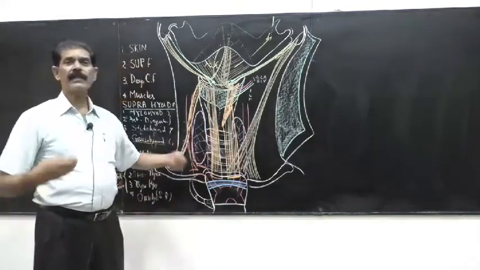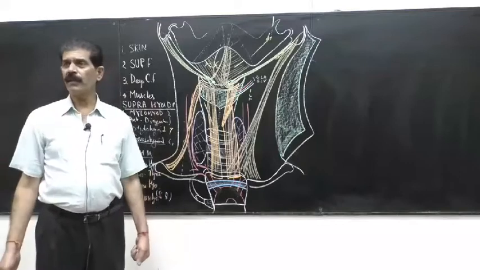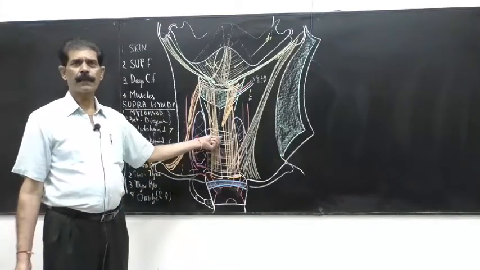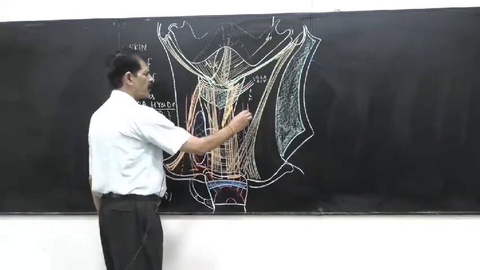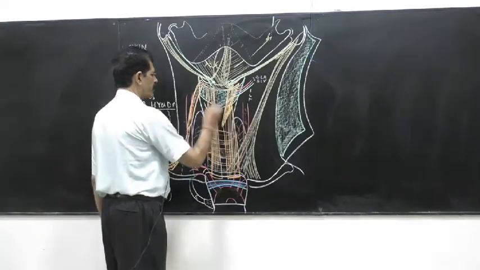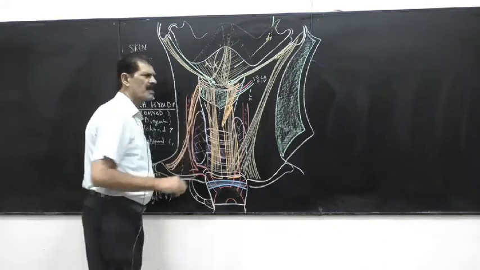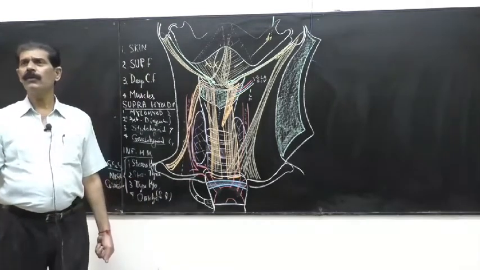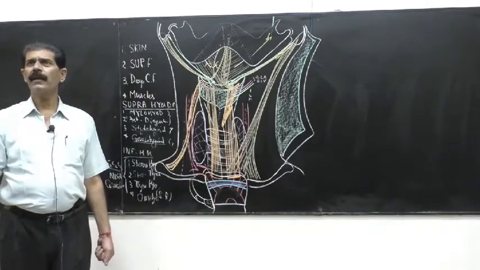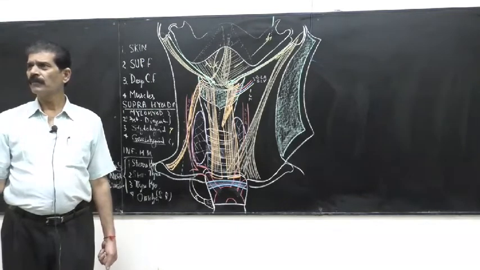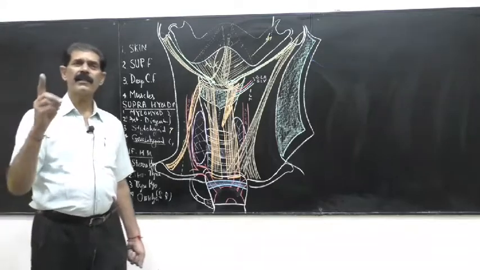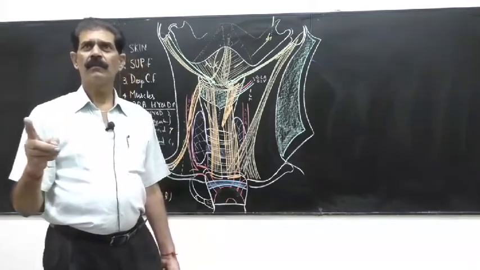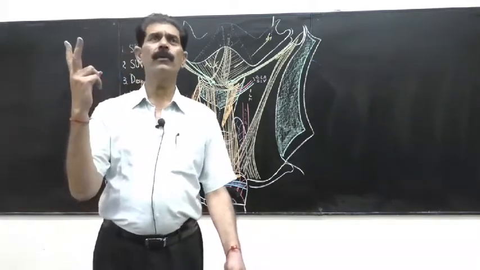So great vessels are lying in the anterior triangle, lateral to the trachea, larynx and the hyoid bone. This is the left common carotid artery. This is the right common carotid artery. Now it will bifurcate into external and internal carotid arteries. Two branches. But what is the level of bifurcation? That is the importance. Anybody, where does it bifurcate into two?